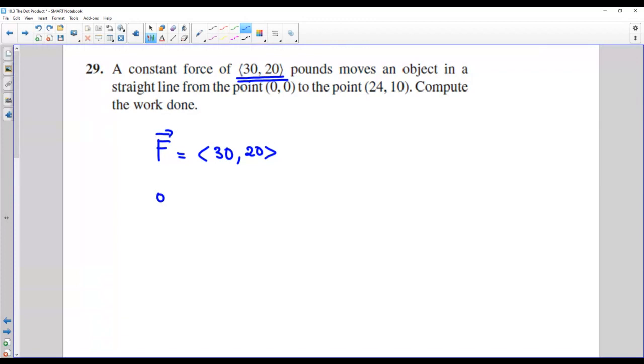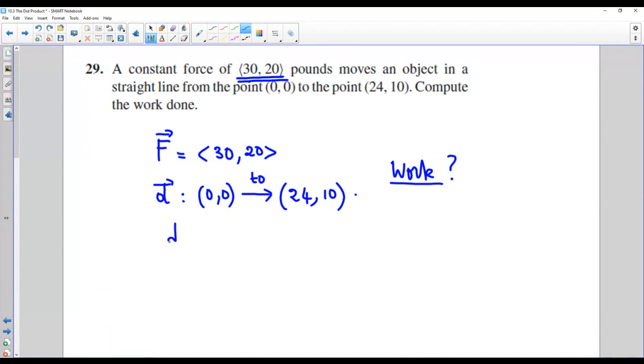So the vector D goes from 0, 0 to the point 24, 10. Now I want to find the work done by this force.